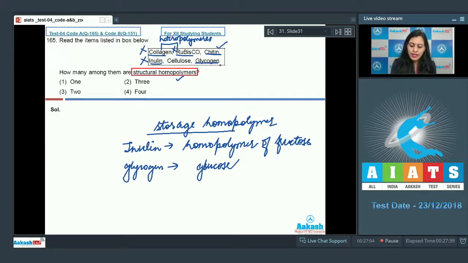So inulin and glycogen are not structural homopolymers. And the remaining option is cellulose, and cellulose is also a structural homopolymer made up of glucose. So the correct answer is chitin and cellulose. Chitin and cellulose are structural homopolymers. So how many of them are structural polymers? 2. So the correct answer is option number 3. Let's discuss our next question.